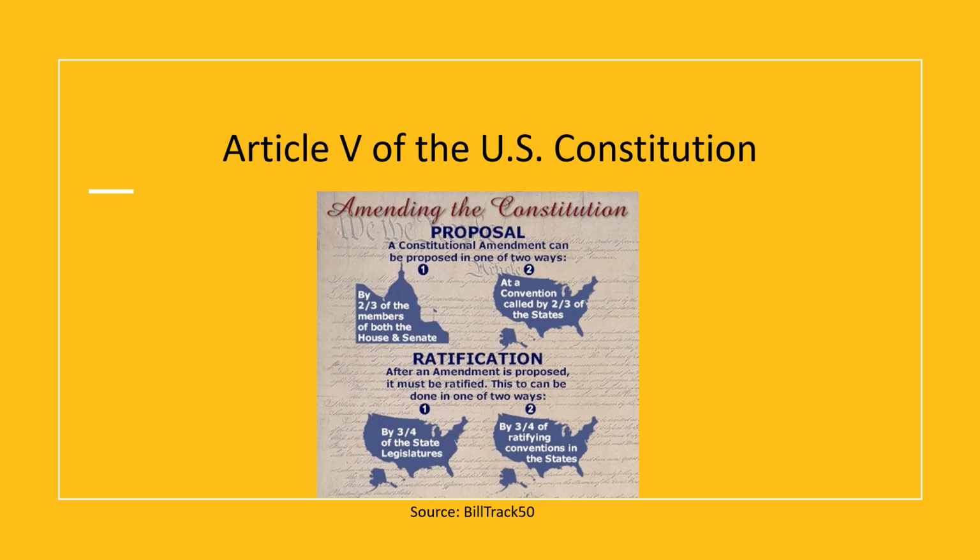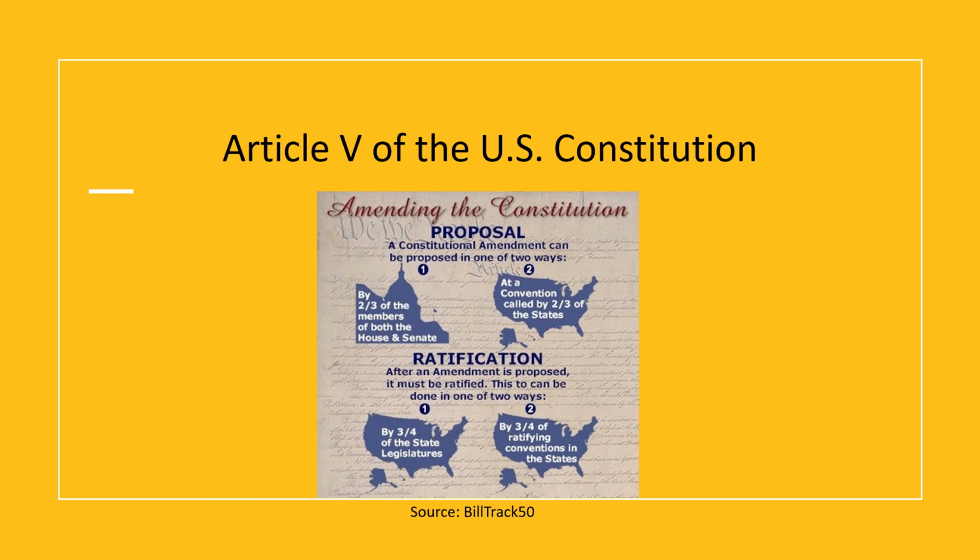Another approach to proposing amendments to the U.S. Constitution is for there to be state conventions. And if there's a convention called by 2/3 of the states, then that convention can propose an amendment to the U.S. Constitution. So this tells us two things that are really very important. One is that there's more than one method for proposing an amendment to the U.S. Constitution.